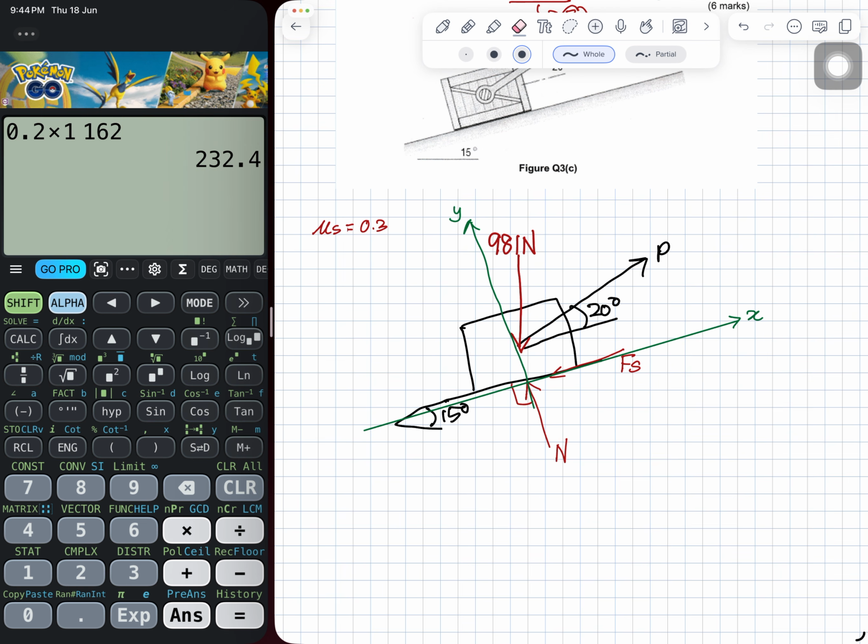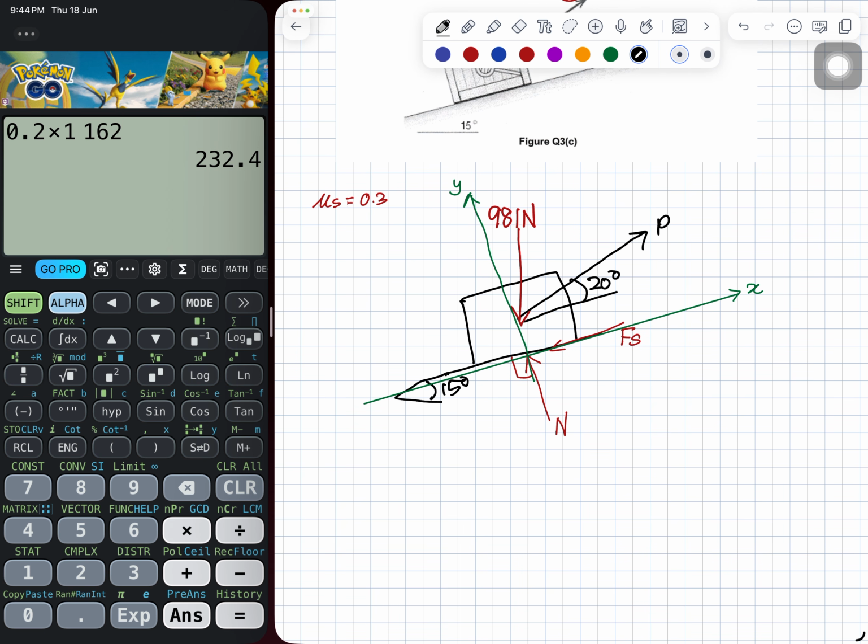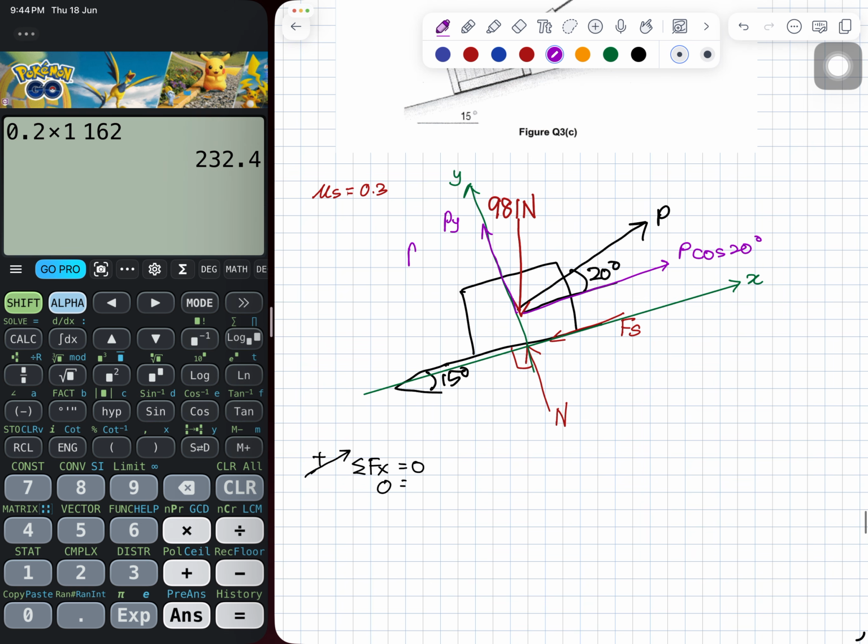Let's start, assuming positive this way, with summation of Fx equals 0. Let's say P resolves into x, so Px equals P cos 20, and Py equals P sin 20.